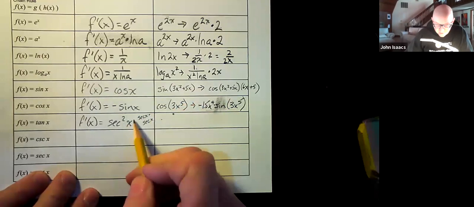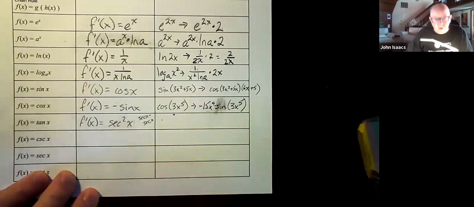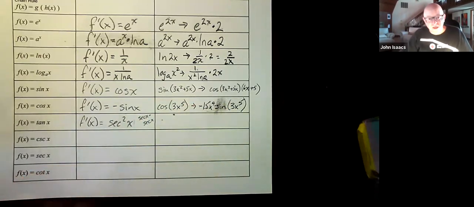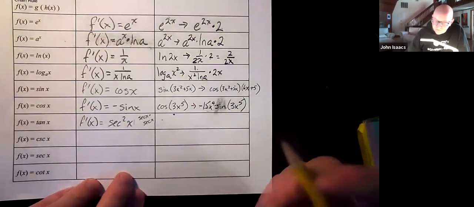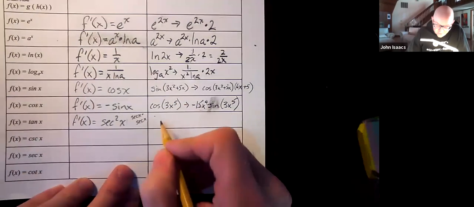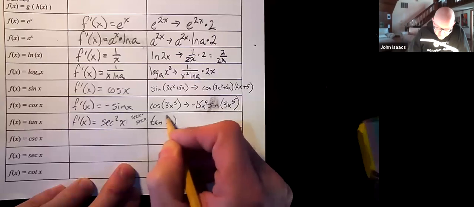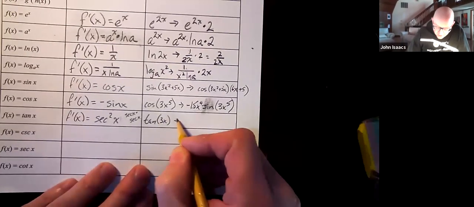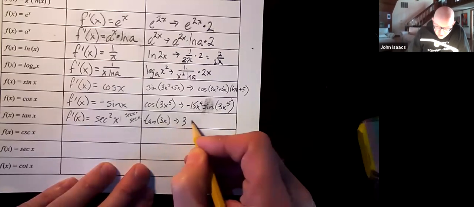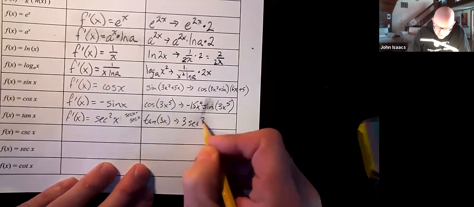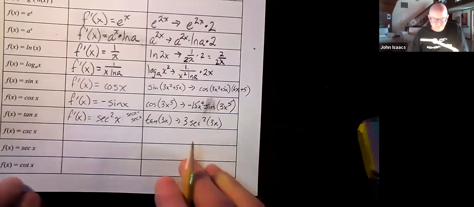This is the normal way to write secant squared x. The same chain rule applies here. If we have tan of 3x, the derivative of 3x is 3, so I'm going to write that first: 3 secant squared of 3x.